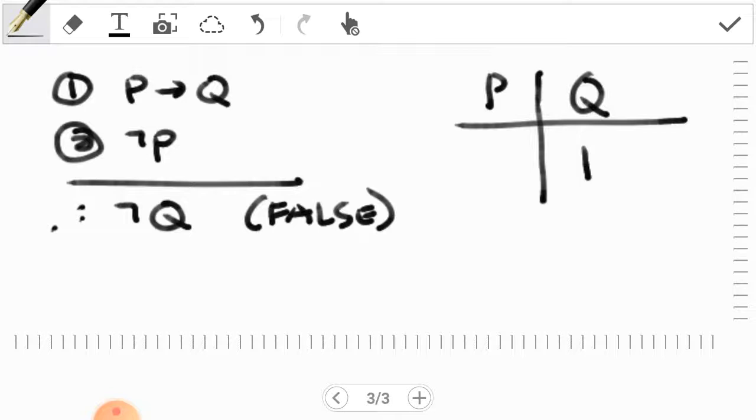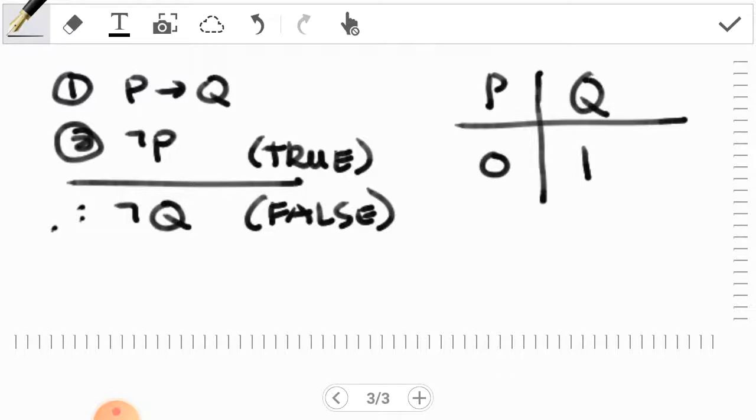Next, we want each premise to be true. Let's go first to our second premise. We want this to be true. So if we want now our second premise to be true, then P must be false. Because if P is false, then not false must be true.